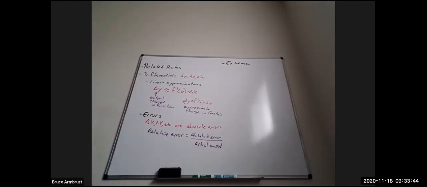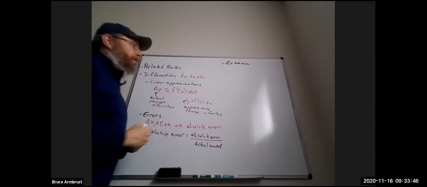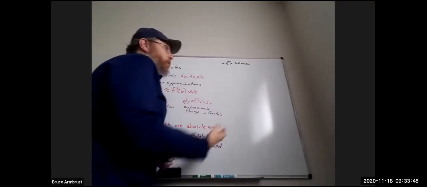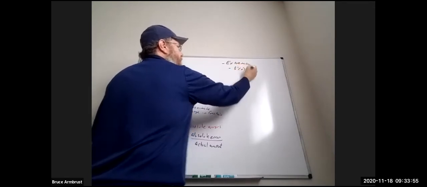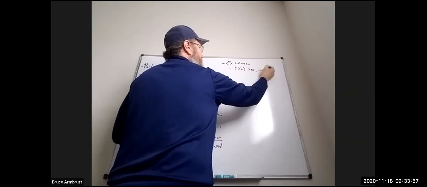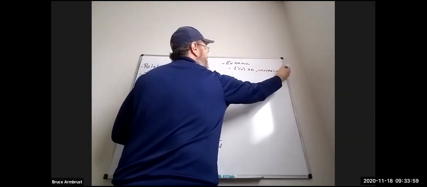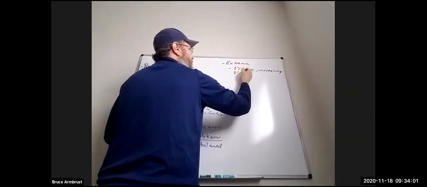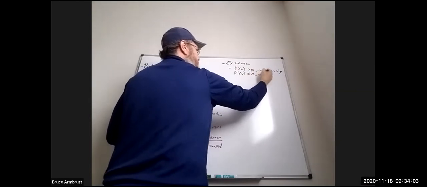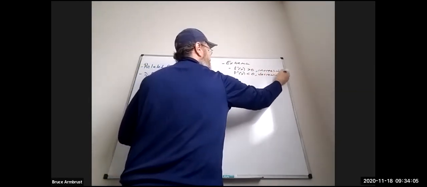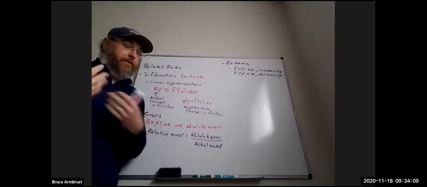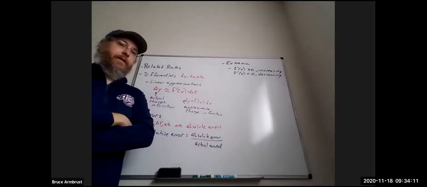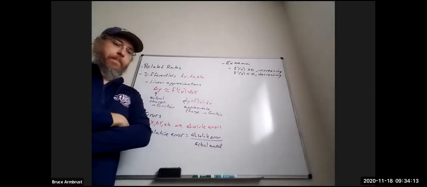Under the context of extrema, some things that you should know about: if f prime of x is greater than 0, it's increasing. If f prime of x is less than 0, it's decreasing. So we saw that increasing and decreasing all comes from the derivative.